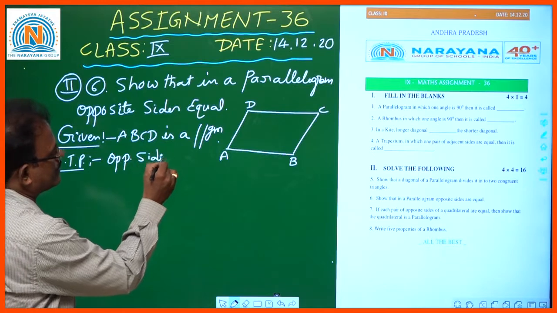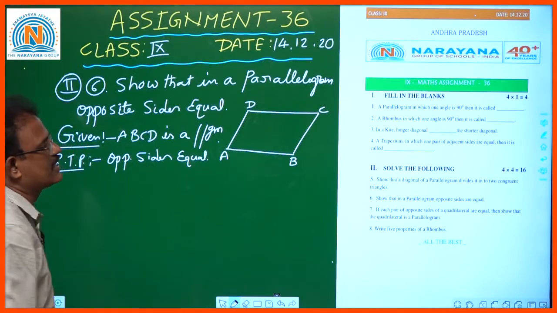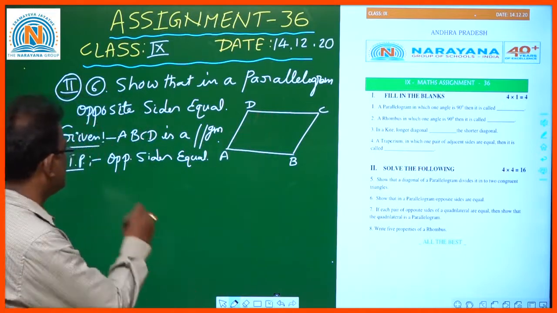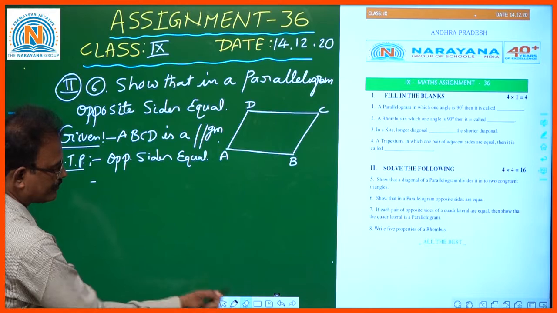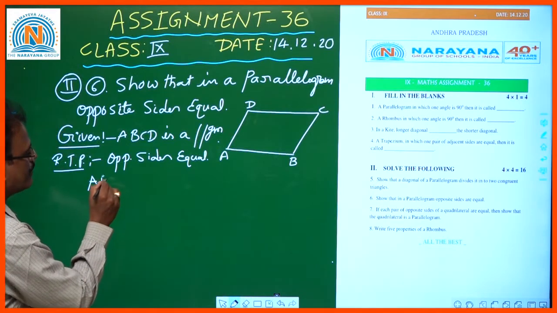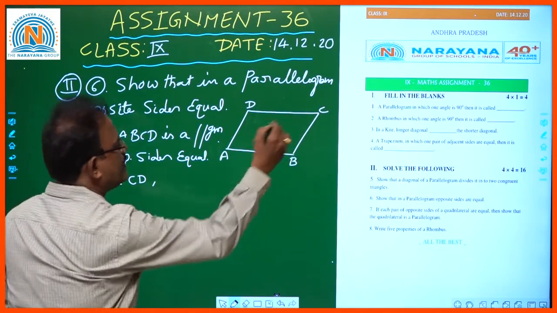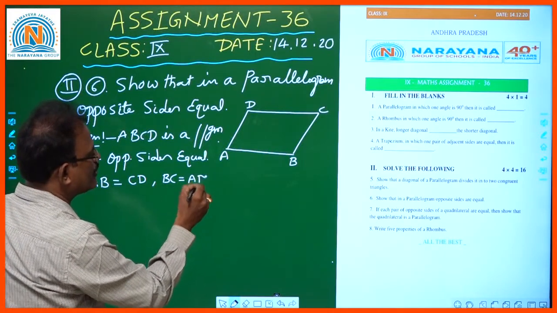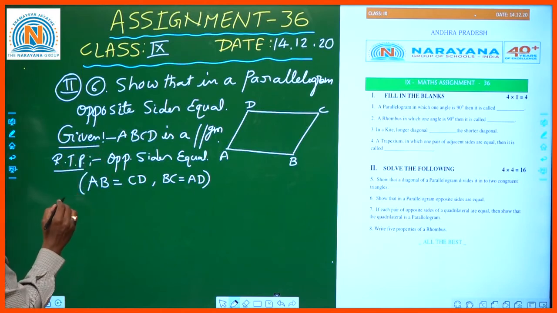Opposite sides are equal. So here we have two pairs of opposite sides. They are AB and CD, so we need to prove AB and CD both are same, and BC and AD both are same. This is the required thing to prove.